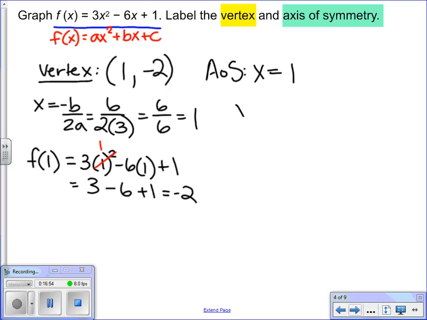And then the last thing I want to do is find my y-intercept. My y-intercept always comes in the form 0, comma c. So then you just look back at your original function. What number is c? And there I found vertex, axis of symmetry, and y-intercept.